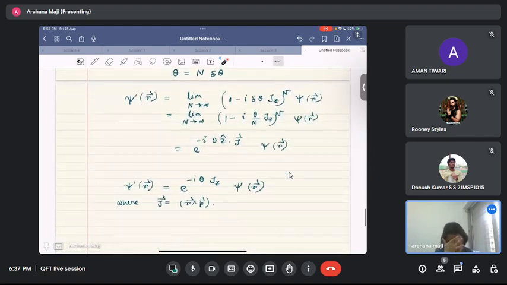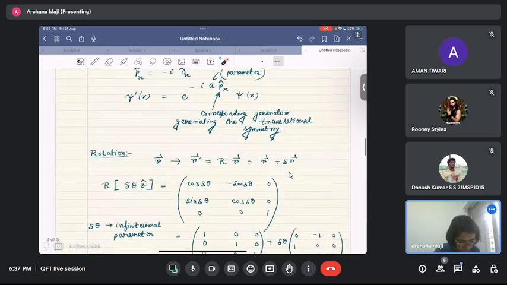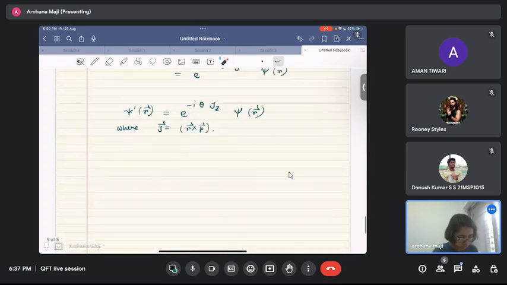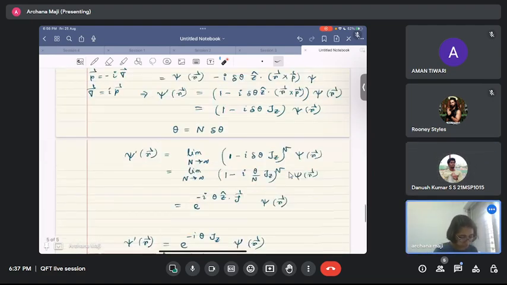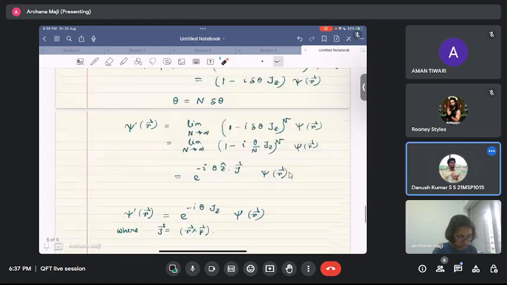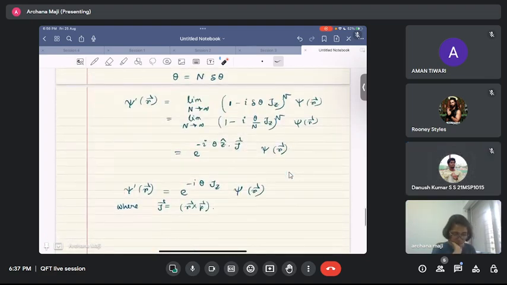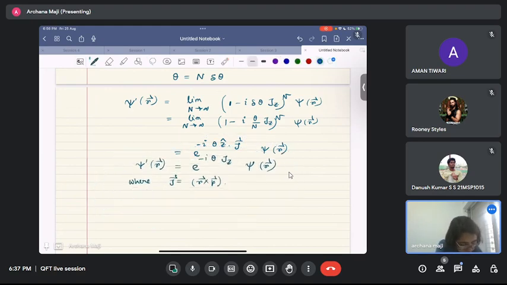Okay, so we have discussed translation and rotation so far. Now, ma'am, can you please scroll up? Yeah, just there, the last page actually. Okay. Yeah, that's one. Okay.